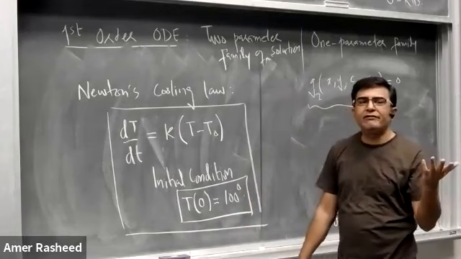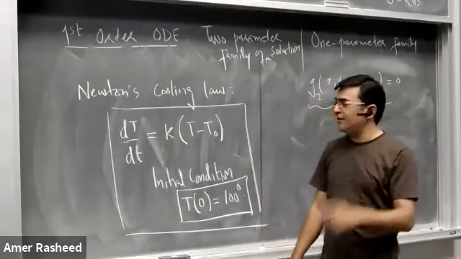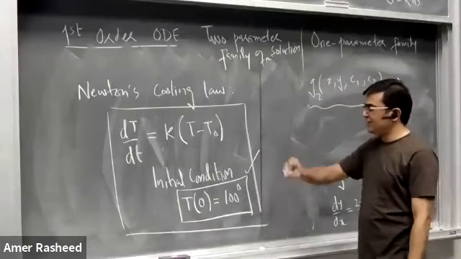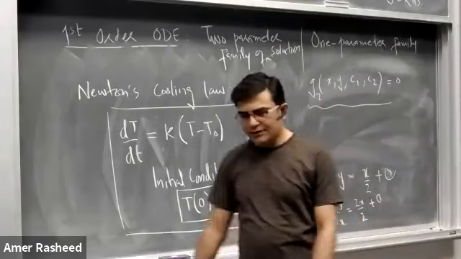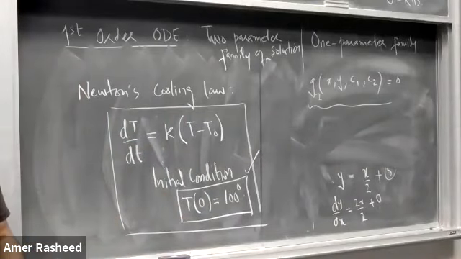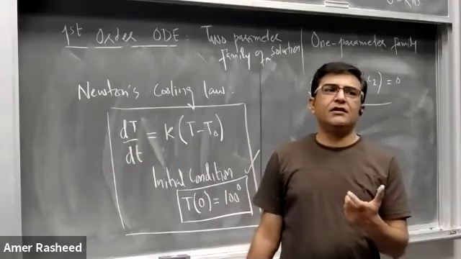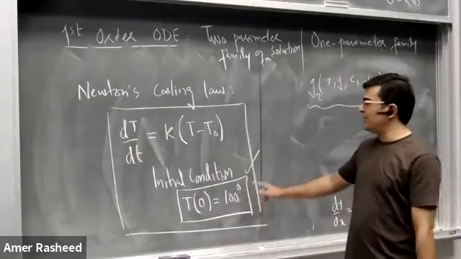We call it one parameter family of solution. In order to find the particular value of that constant, we have to use this initial condition. So that's why we need additional conditions in order to find those constants. If there is one constant in the solution, then we need one condition.